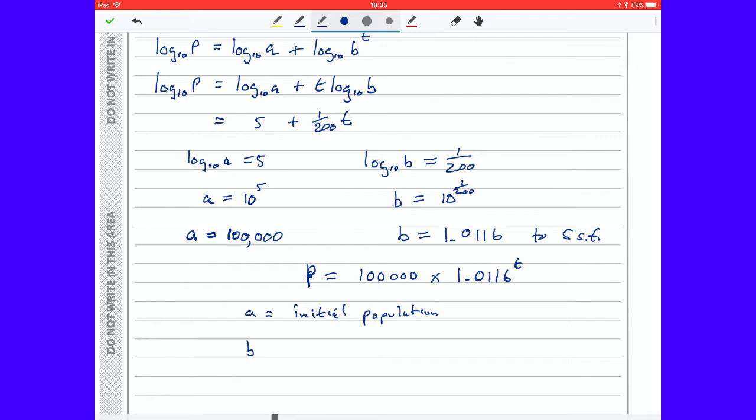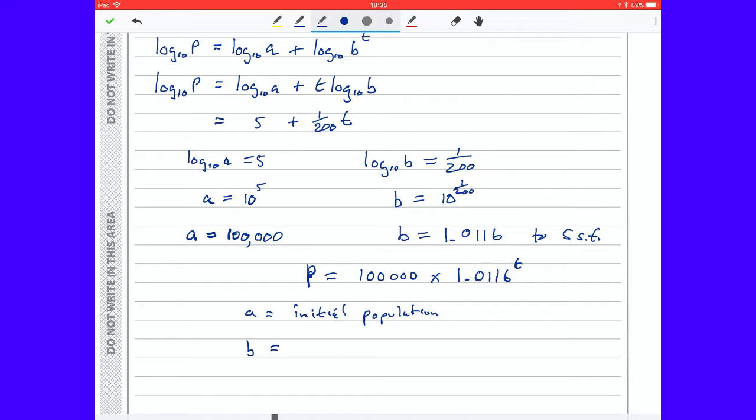So A is the initial population, it's 100,000. What about B? Well, B is the 1.0116, and if we consider, say, after 2 years, we'd be multiplying by 1.0116 to the power 2, and after 3 years, we'd be multiplying by 1.0116 to the power 3. So every year, we multiply by 1.0116.